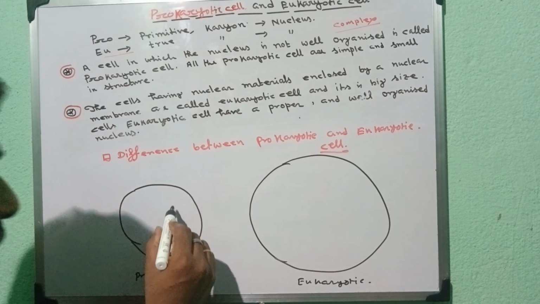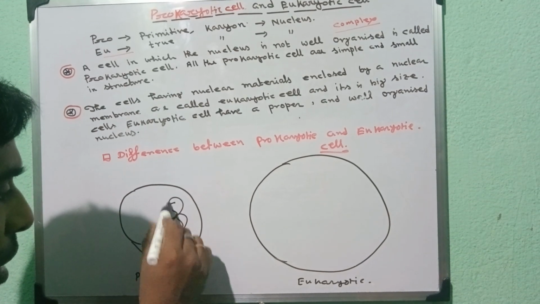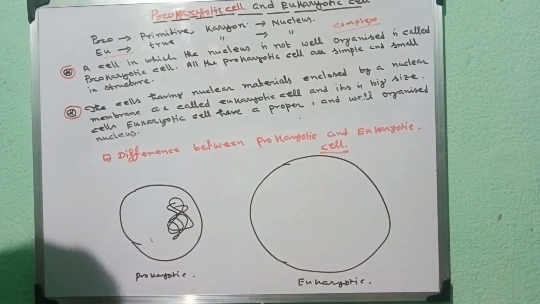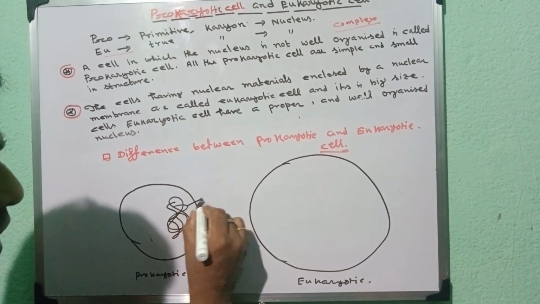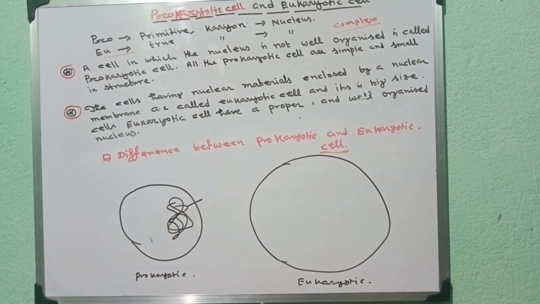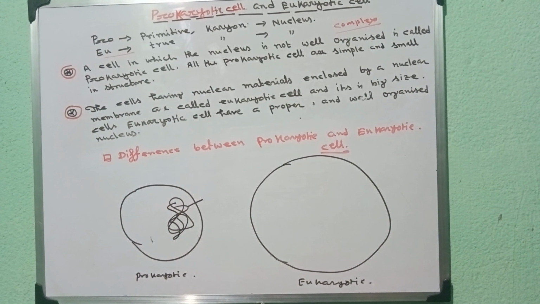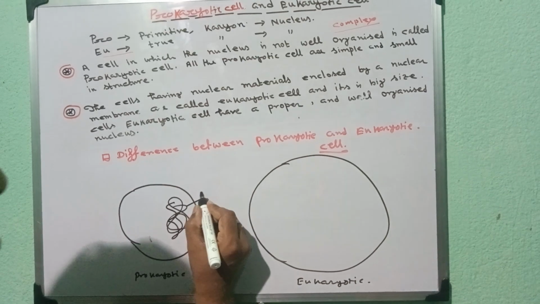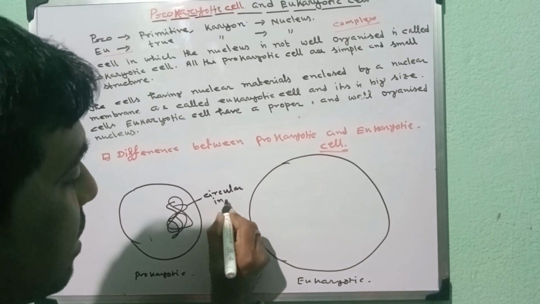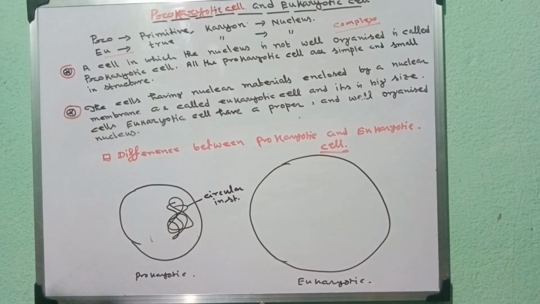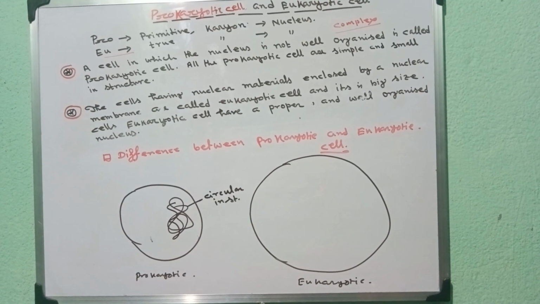Only the DNA part is present, not covered by a nuclear membrane, and it is circular in structure. This is the DNA part of the prokaryotic cell.